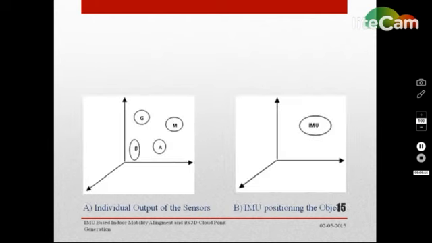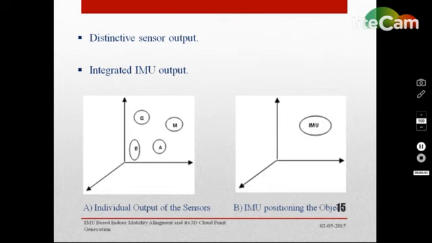Here we have shown two different sensor positionings. Figure A shows the individual output of the sensors, and figure B shows the IMU position of an object. Here the map shows the difference between IMU output and an individual sensor output. Individual output of the 4 different sensors with positioning readings gives multiple points in the graph, as shown in figure A. To make those outputs into a single point, it requires more mathematical calculation as well.